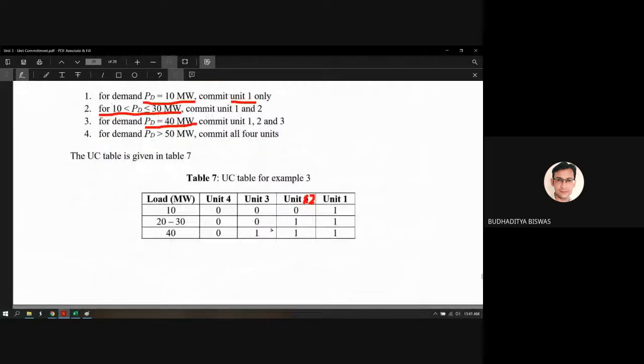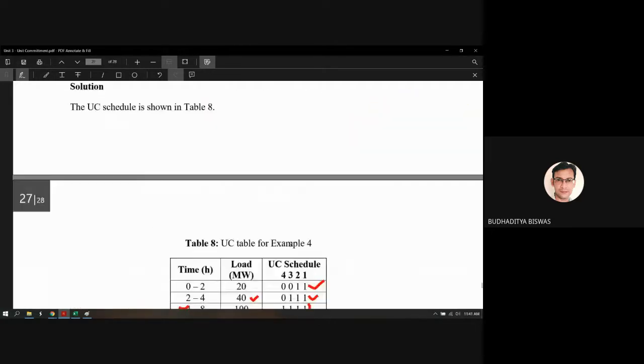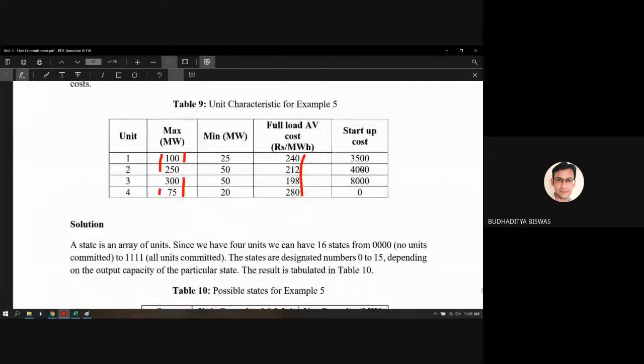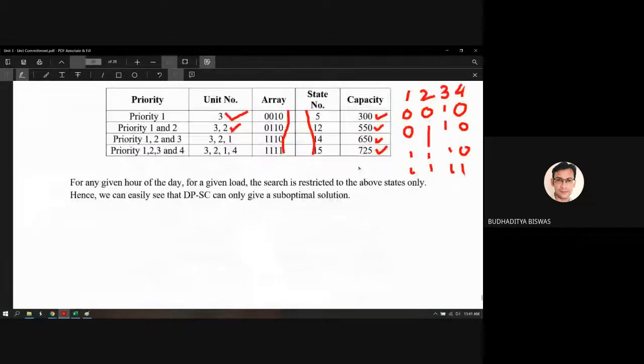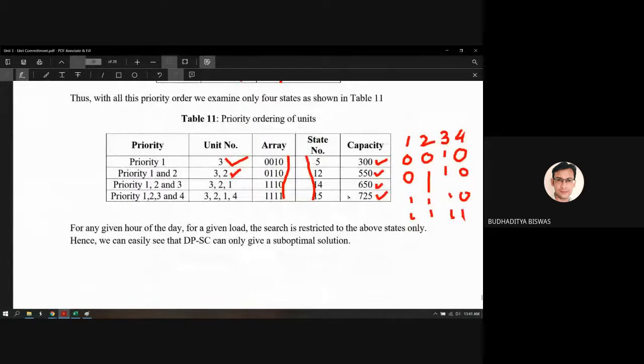The most advantage is that here, if we schedule all these things, then we don't require any further work to find this out. So for the DPTC also, starting from 300 megawatt to 725 megawatt, whatever the load demand from this particular table, you can easily understand at what load demand, what units should commit.